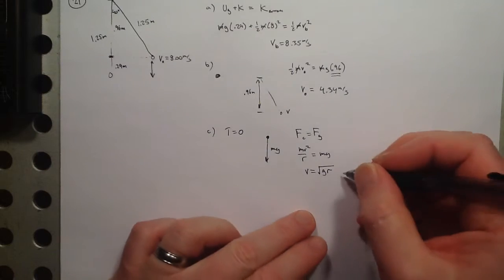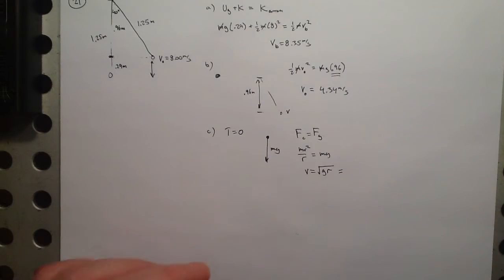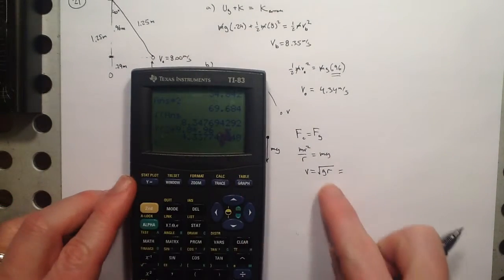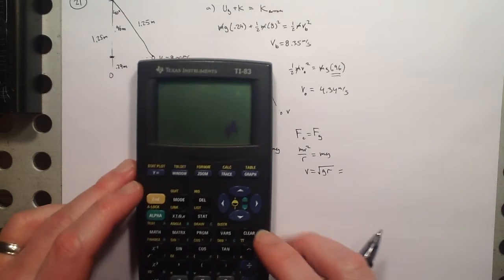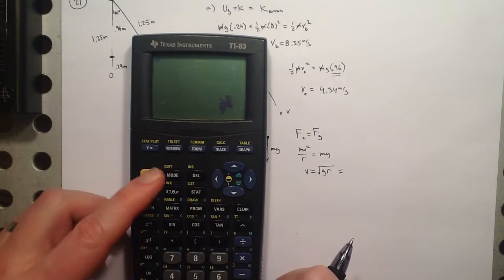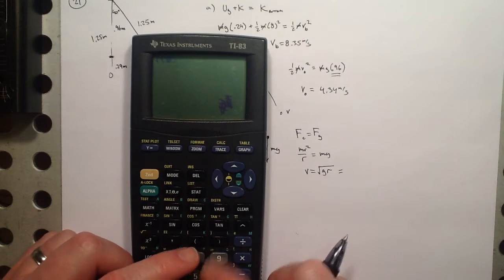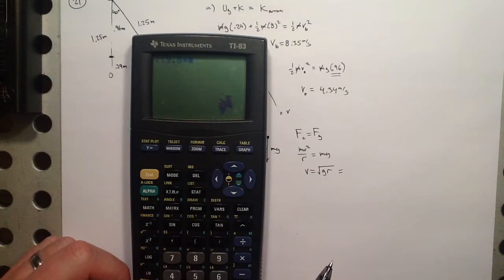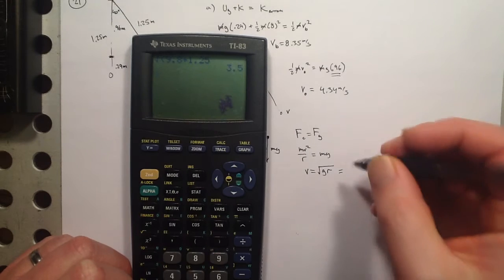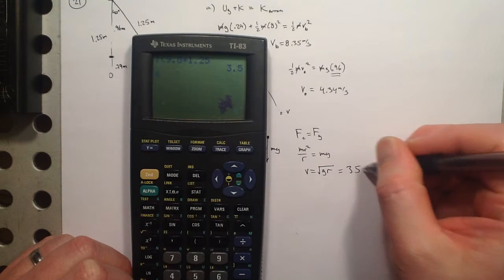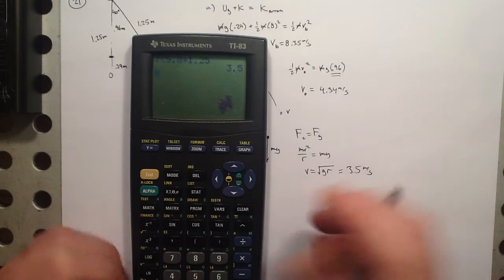So we can calculate that if we want to, or we could just leave it as that, I suppose, too. I'll go ahead and calculate it. So we have the square root of g times r, and the radius of the circle is the length of the string. That's 3.5 meters per second.